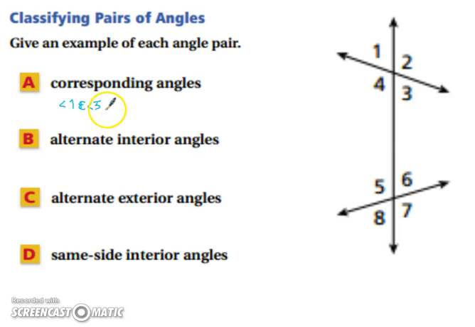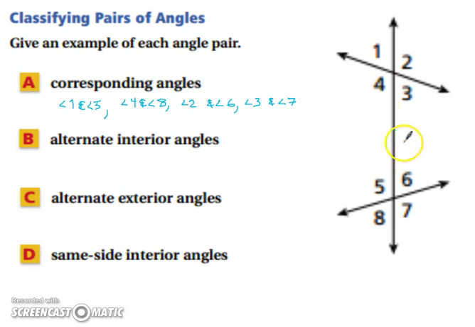Now that you've had a chance to try it, see if your 2 other examples are any of the following. You can have angle 4 and angle 8, angle 2 and angle 6, or angle 3 and angle 7. I don't think I missed any. Nope.